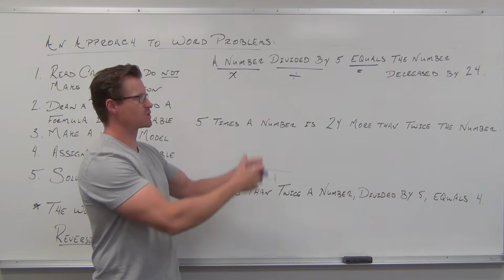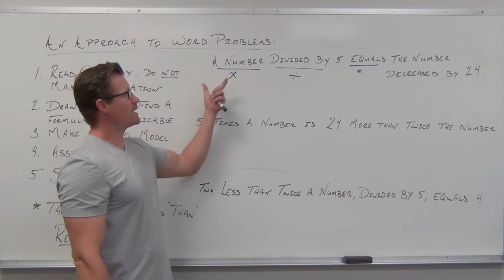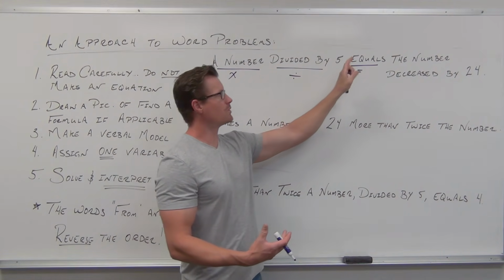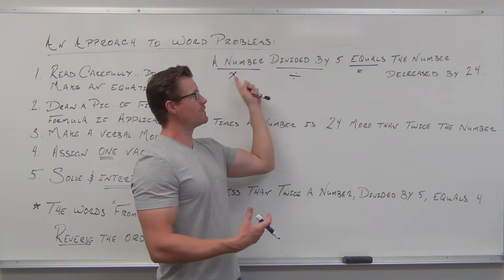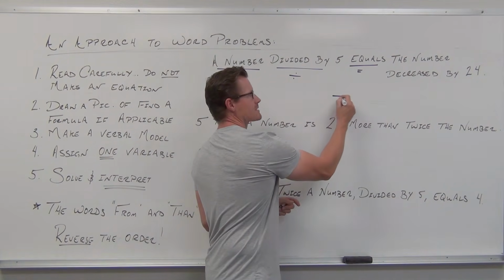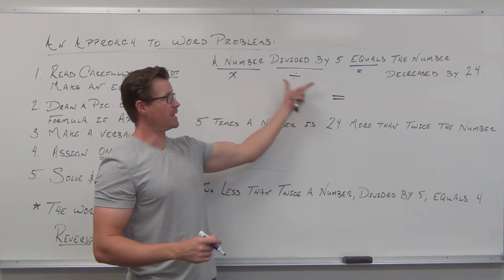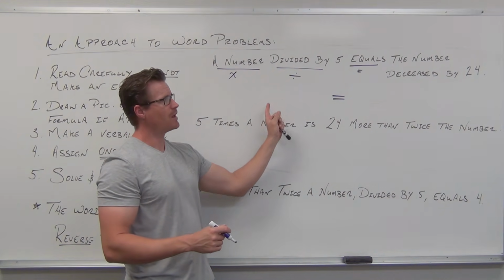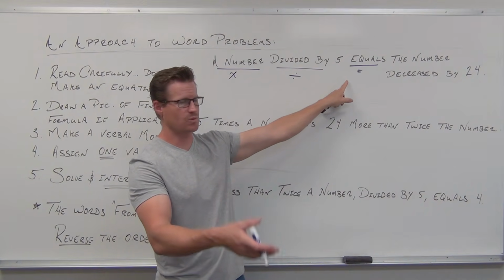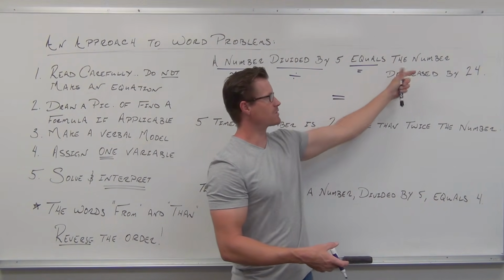Very straightforward in this problem. So a number, we got x. Divided by, we got divide. Equals, now this tells you something. All of this is going to be one expression, and this is going to be on the left-hand side of your equal sign. This stuff goes here. The stuff after the word that means equals, sometimes equals, sometimes is, sometimes was, this stuff is going to go on the right-hand side.